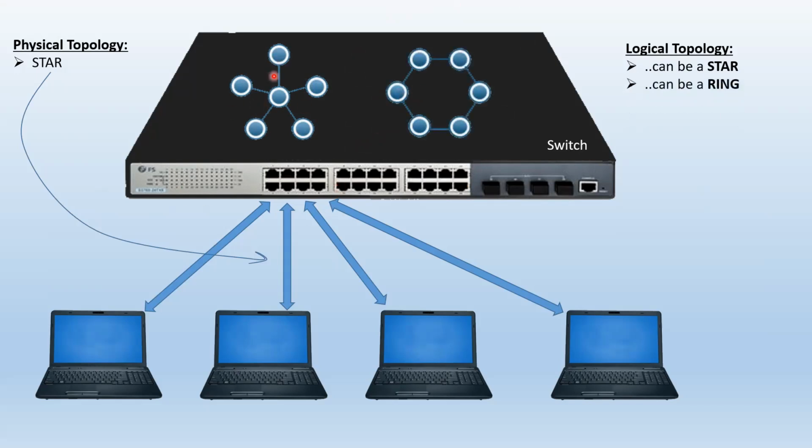It can work as a star and it can work as a ring. This is my desperate attempt to explain the geometry between the star and ring configuration, even if it's connected physically in a star. Of course, this is a highly hypothetical situation. It probably doesn't exist, but this is just to explain the difference between the physical and the logical or signal topology.